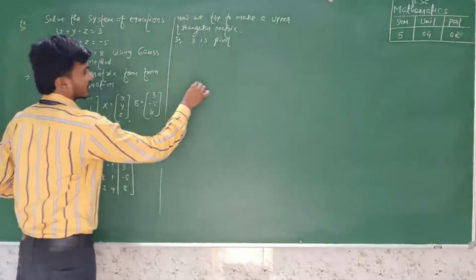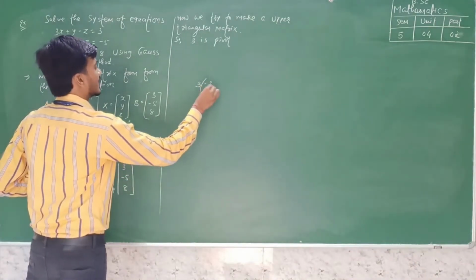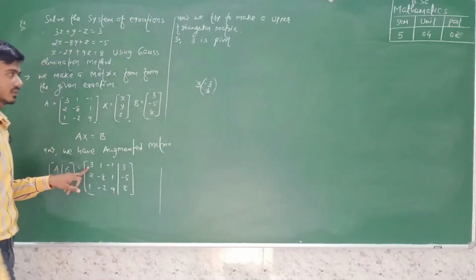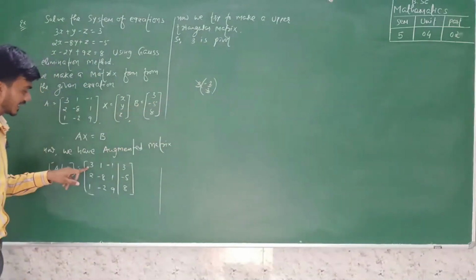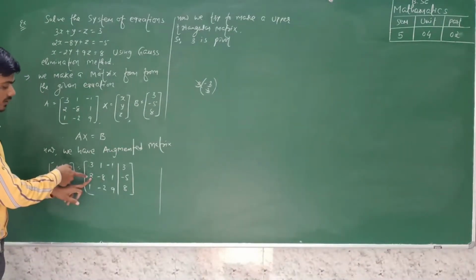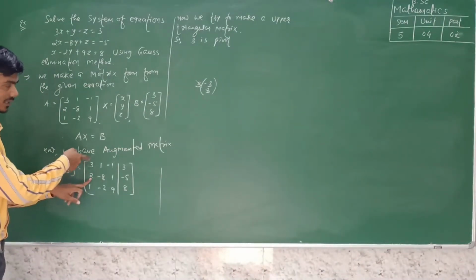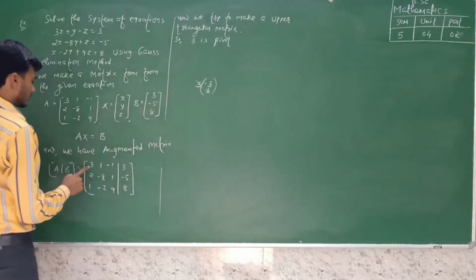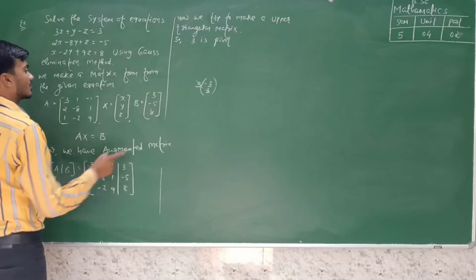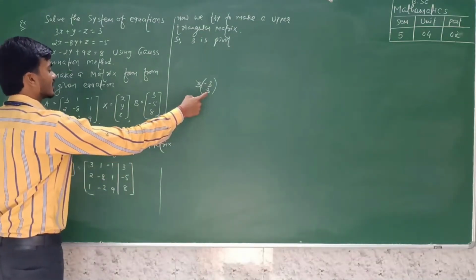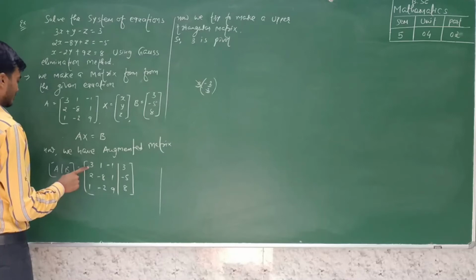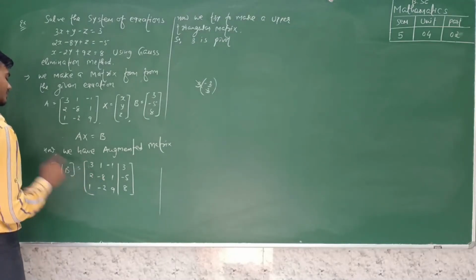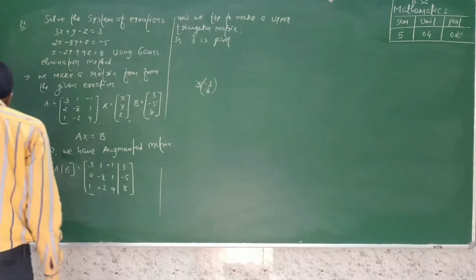So 3 multiplied by minus 2 by 3, the 3 and 3 cancel, remaining minus 2. Adding the positive 2 and minus 2, 2 minus 2, that means 0. So each element of the first row is multiplied by minus 2 by 3 and added into the second row. So this element becomes 0.